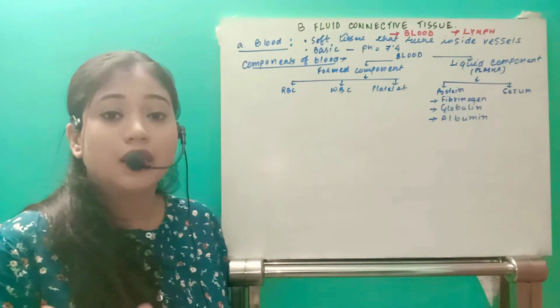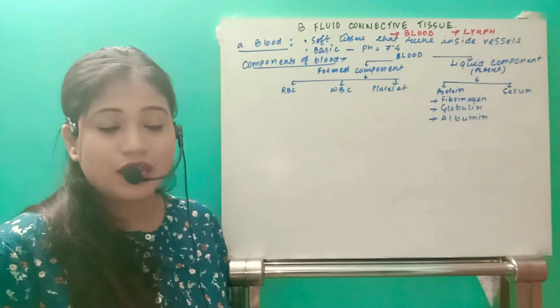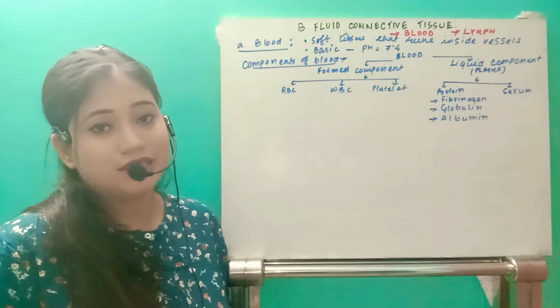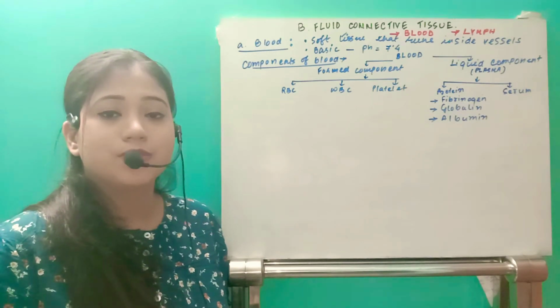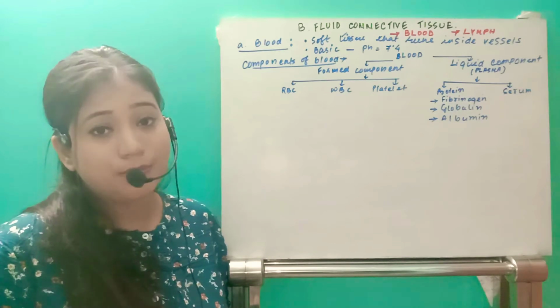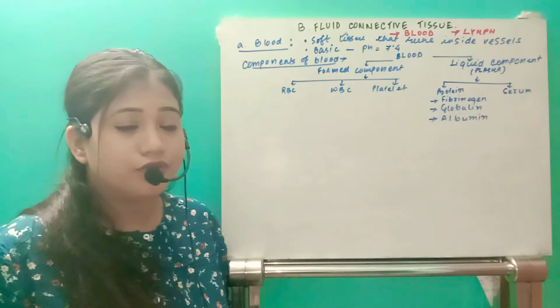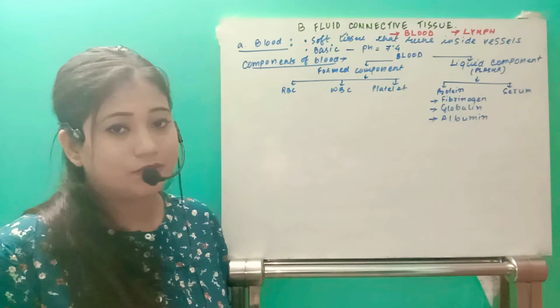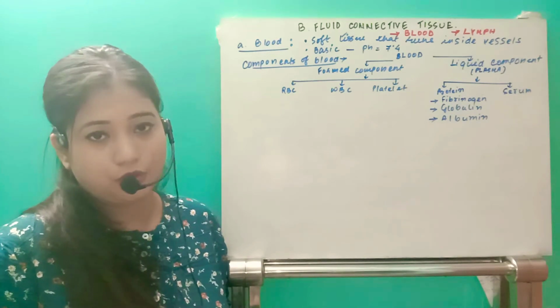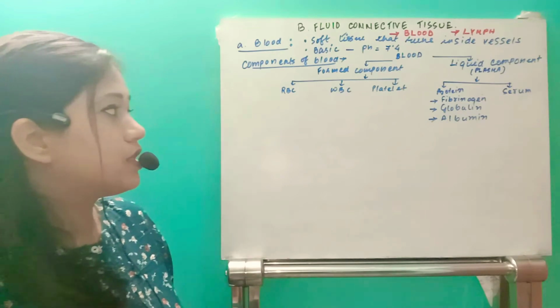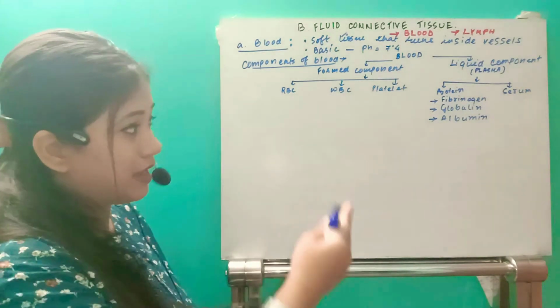How much water should be present in the blood is decided by the albumin protein. So these are the three types of proteins present in the plasma, and if you remove the protein part from the plasma, then the remaining part is known as the serum. That is the composition of blood plasma.